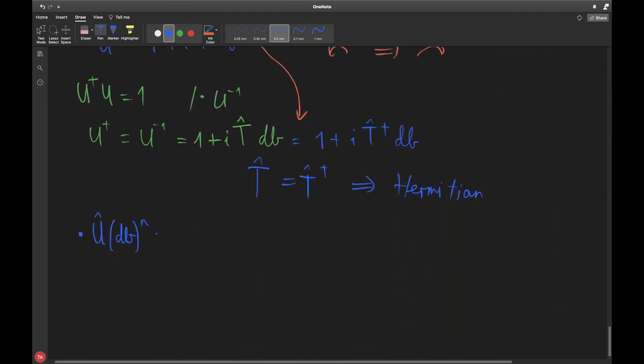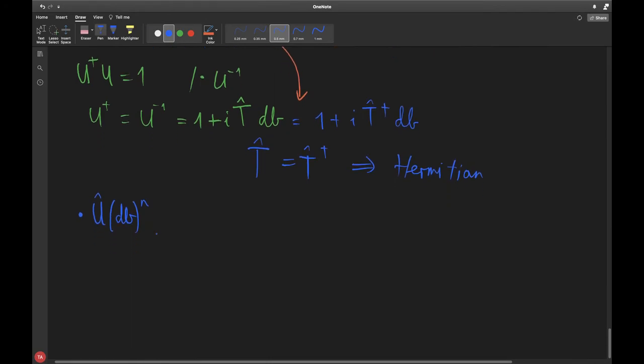But then we can also say that we define n in a way that b is the same as n times dB. So when we do this, this will lead to saying that this is U b.